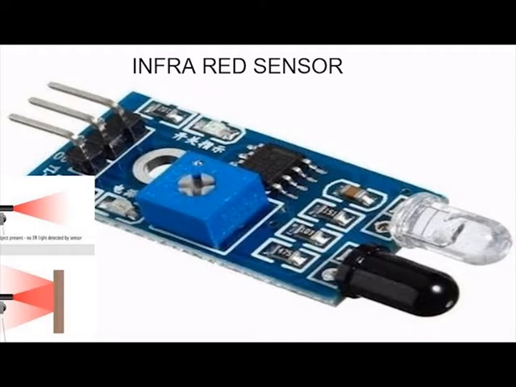Hence, we can distinctively differentiate the darker and brighter surface, depending upon the amount of light received with the help of the IR sensors.